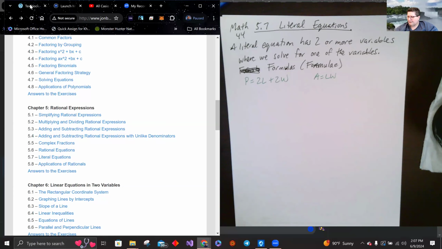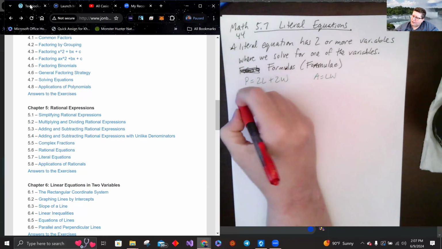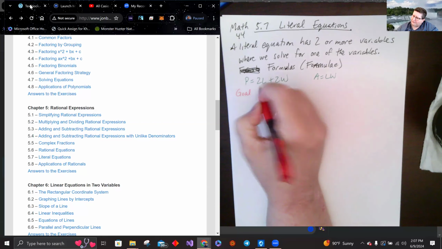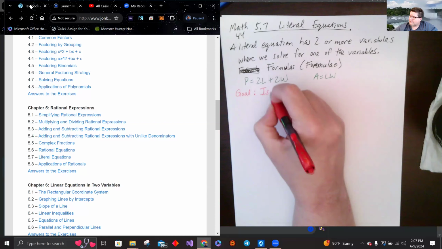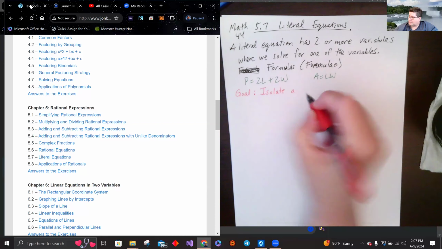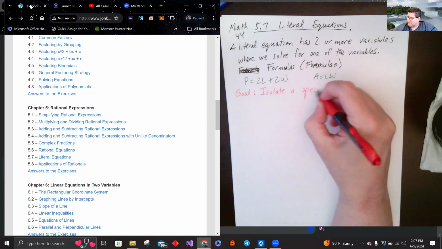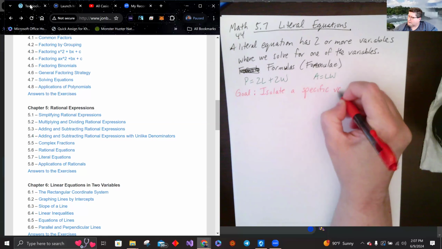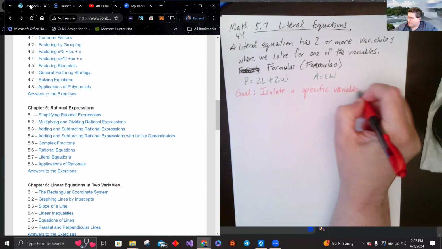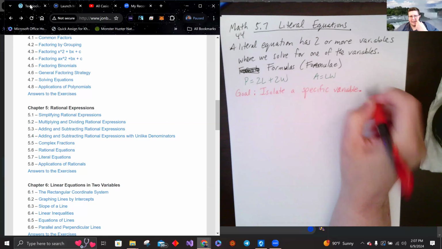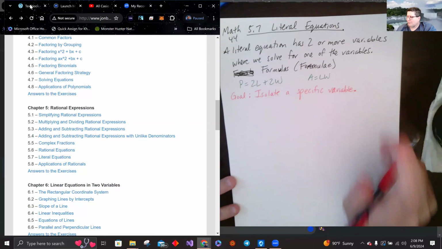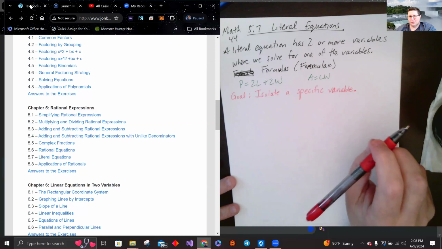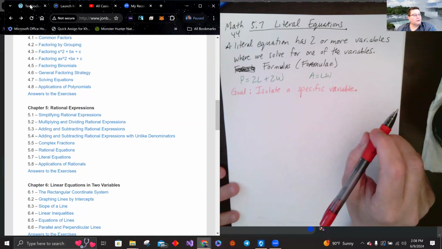So the goal with literal equations is to isolate a specific variable. We usually want it solved for one of them because that's the answer that we want. And when we have it solved that way, that's where you start using computers and stuff to make it a little bit easier.